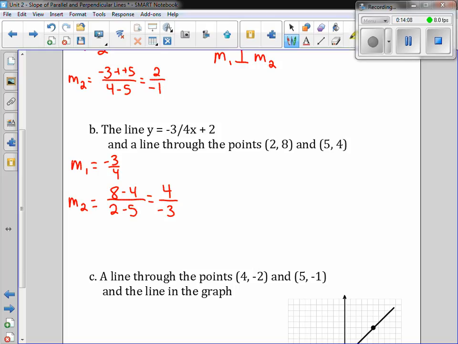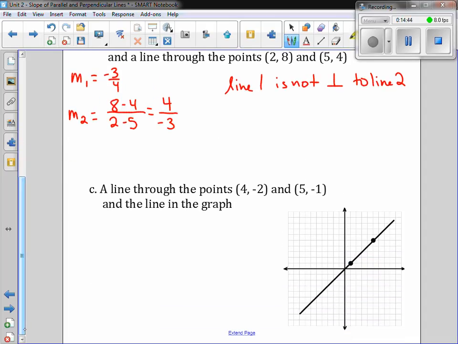Since the slope of line 1 is the reciprocal but not the opposite of line 2, these lines are not perpendicular. So we say line 1 is not perpendicular to line 2, or we say that it is neither.